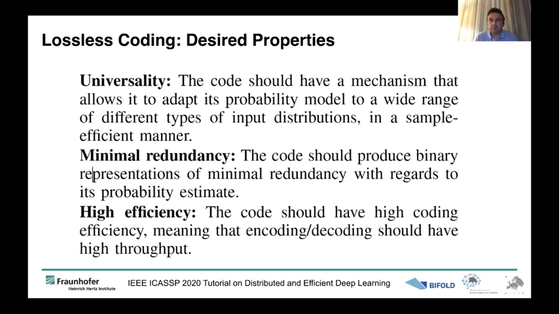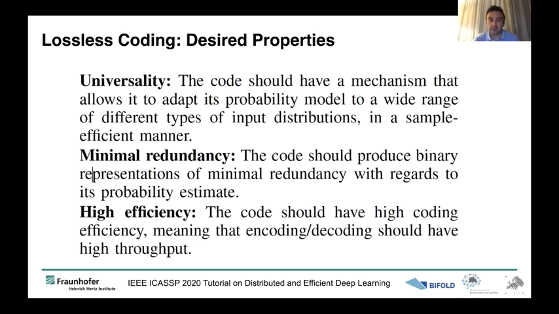In lossless coding, desired properties are universality, which means the code should have a mechanism that allows it to adapt its probability model to a wide range of different types of input distributions. We often do not know the probability model beforehand, so we need to estimate it and adapt it to our input data.